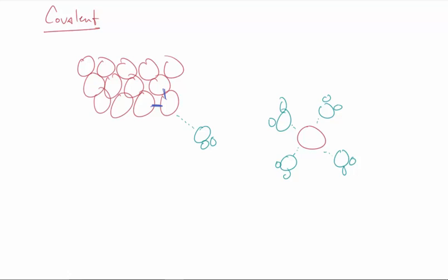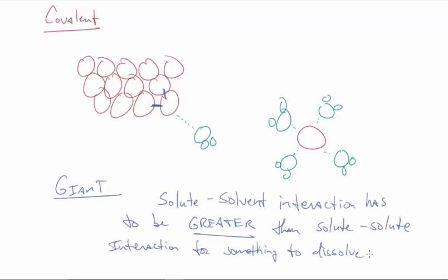And then a super giant idea, I'm going to write giant idea here, is that, and so I wrote it here, my solute-solvent, and notice I changed this from what I originally wrote there. The solute-solvent interaction has to be greater than the solute-solute interaction for something to actually dissolve.